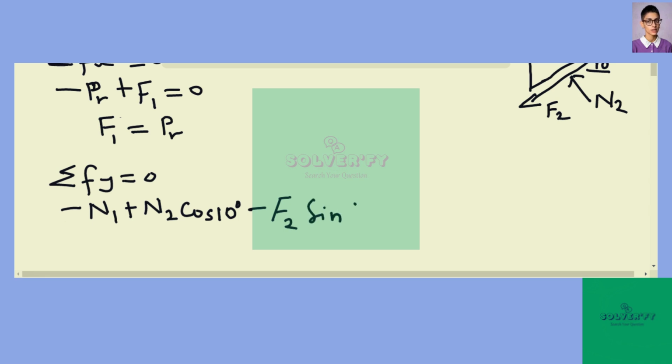Of course, F2 is the same thing as mu, the coefficient of friction, times N2. So that F2 is mu N2, sine 10 degrees, equal to zero.